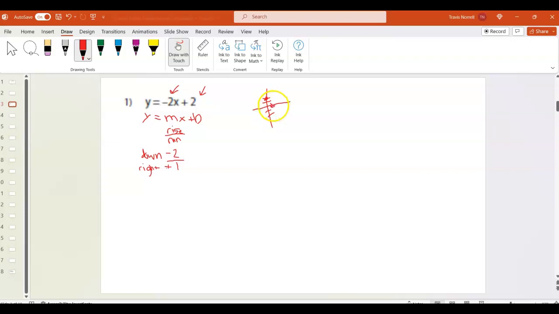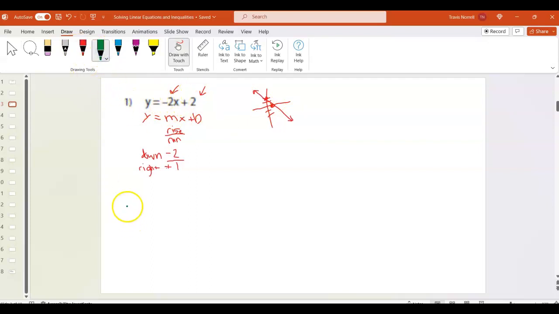This is why we call this the slope-intercept form of the equation, because it gives you two values in your equation: the y-intercept and the slope. And with those two values, you can plot the line on your graph. So y equals mx plus b.